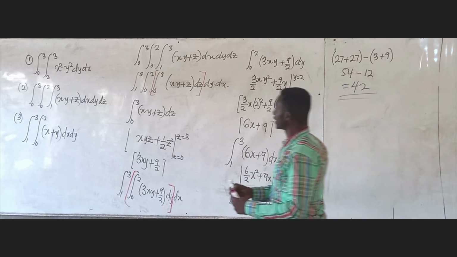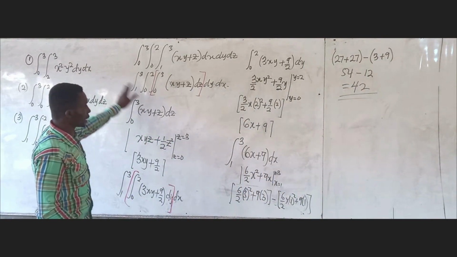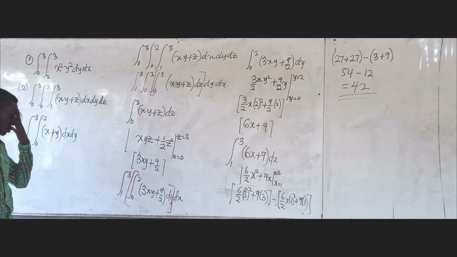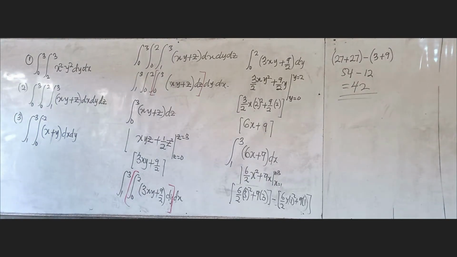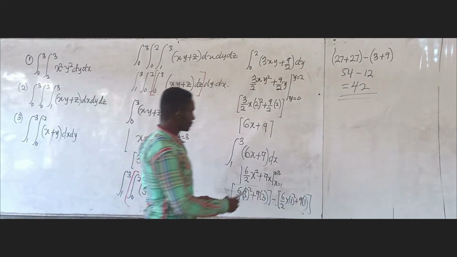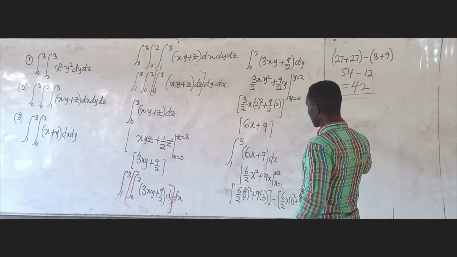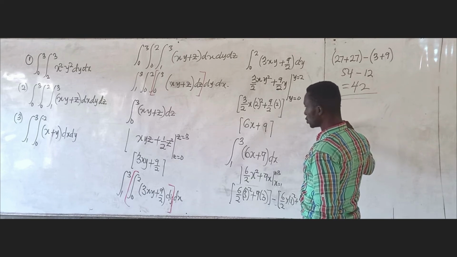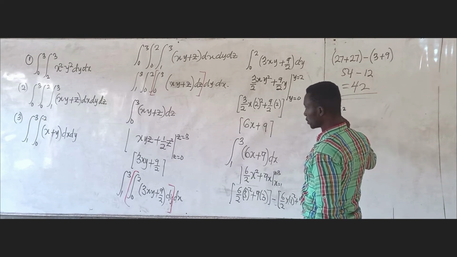So when you integrate this triple integral, the answer will give you 42. I hope you can do the same to this one. This one becomes easy. This one you pick integral 0 to -2.